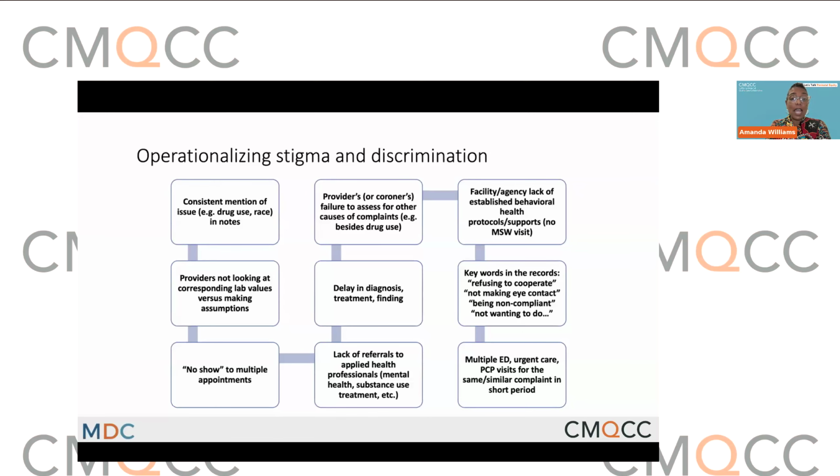And in my work as a maternal death reviewer, this is some of the stuff that we're looking for when we're looking for evidence of possible discrimination happening in care. These are some of the behaviors and language that we're looking for. Next slide.